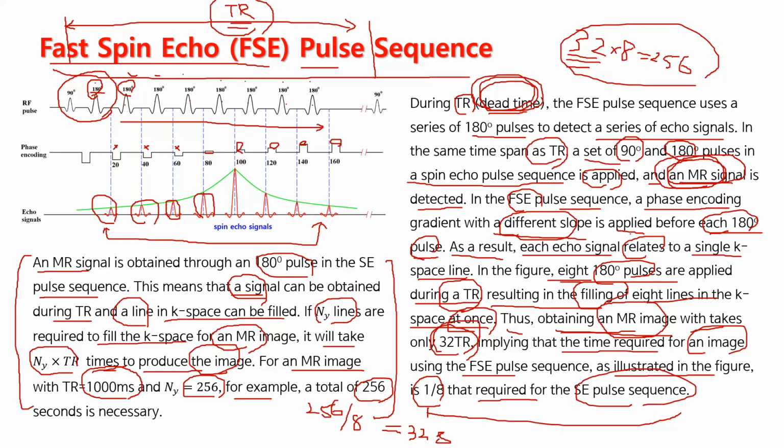So that means that we need just 32 seconds for obtaining one image. The time needed for an image is just 1/8 of that required for the spin echo pulse sequence. Okay.